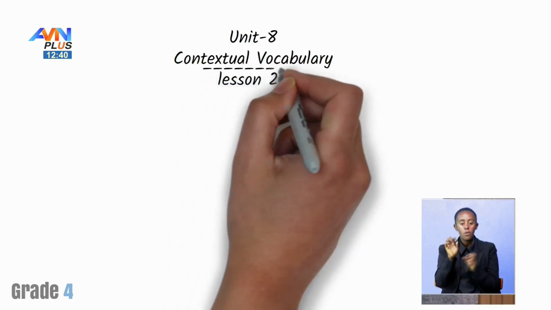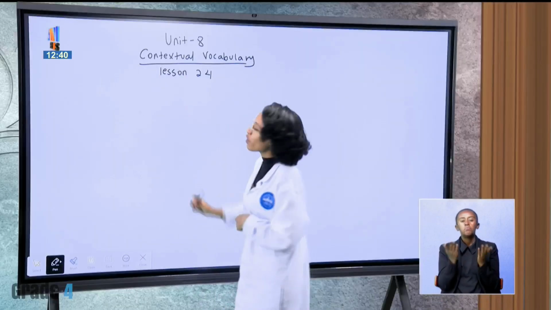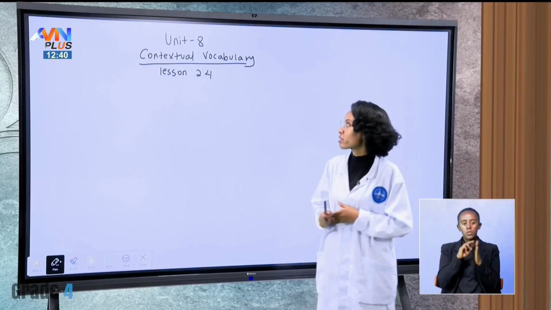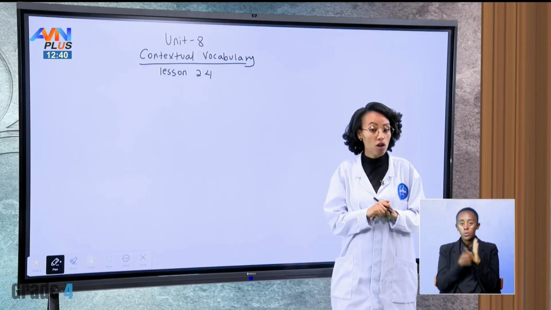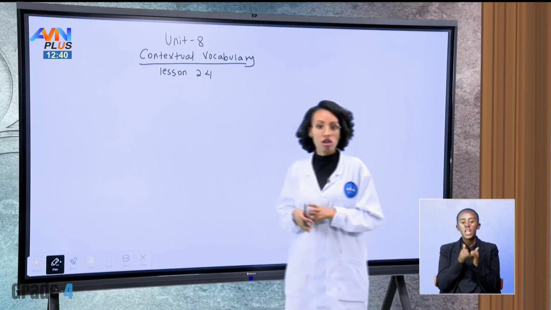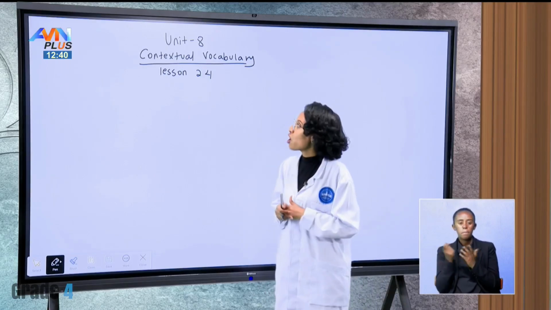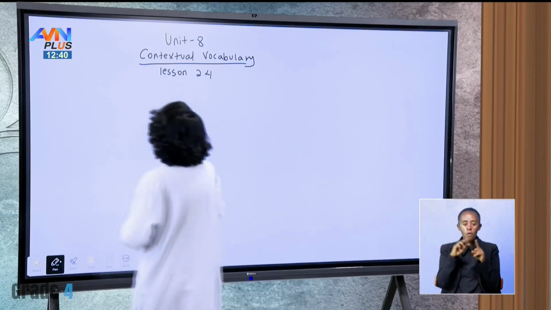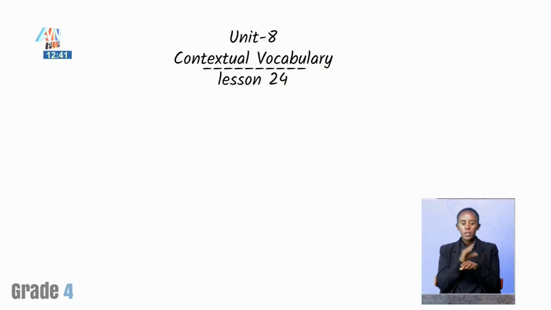Okay? And what are some of the vocabularies we should see in this unit and their importance? Unit 8 talks about fitness, talks about health and fitness. So let's see some of the vocabularies that are very important and we should know about.